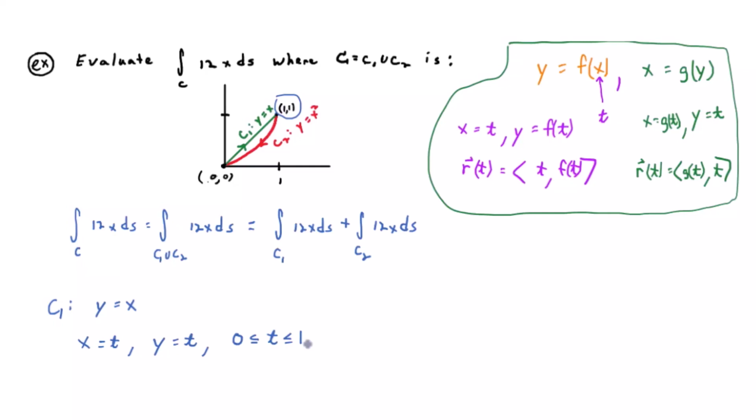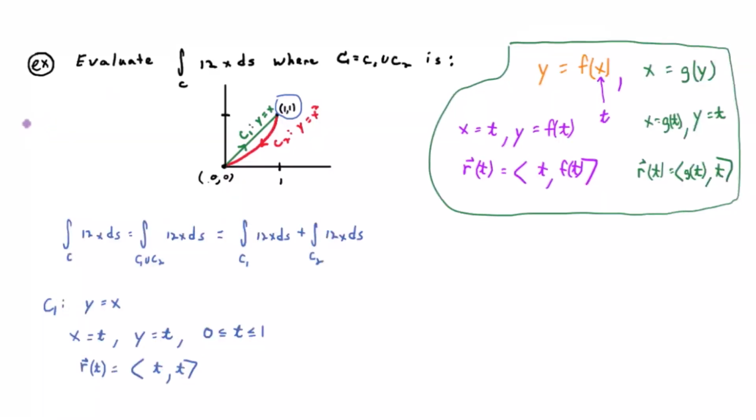So, all right, in terms of, okay, we'll do the vector value notation first, although you don't have to, as you'll see later on. So in terms of a vector valued function, this is r of t equals just t comma t, right? So our calculation formula for the integral over c of f ds, remember, is the integral from a to b of f, but it's f in terms of t.